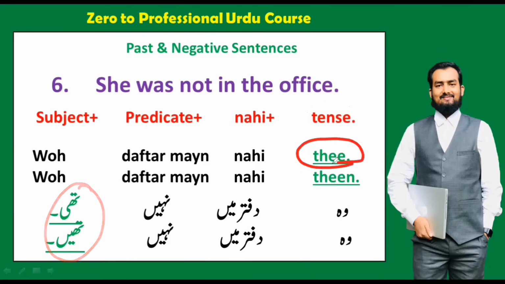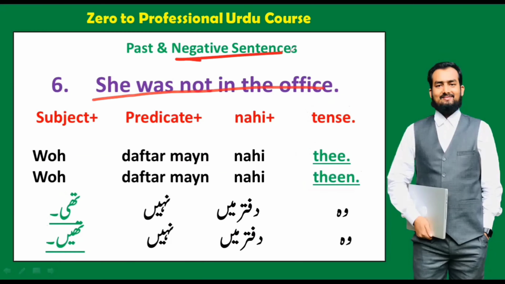Okay, here we have used थी, not giving respect in formal way, but if you use थीं it means you are giving respect, so we will say थीं. Okay, so this sentence is in negative, that is why the structure is subject plus predicate plus nahi plus tense.